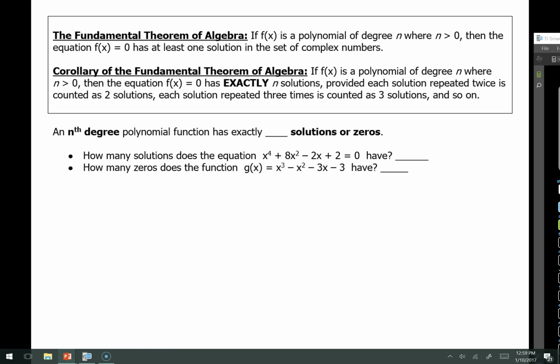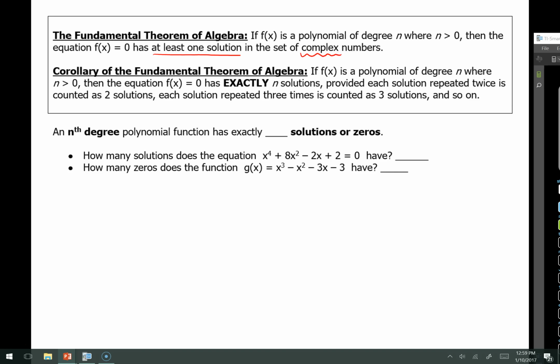We have this really important theorem in algebra that says if f of x is a polynomial of degree n, where n is greater than 0, then the equation f of x is equal to 0 has at least one solution in the set of complex numbers.